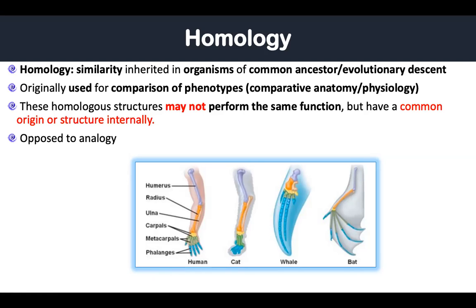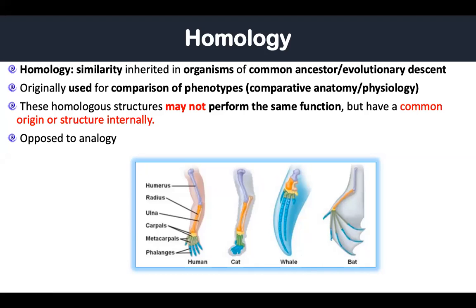And usually, they don't have the same function. For instance, humans, we use our hands to do things, but we don't use them to walk or fly, right? Similarly with cats, they use their legs to walk, to run. Whales use theirs for swimming, and bats use theirs to fly.